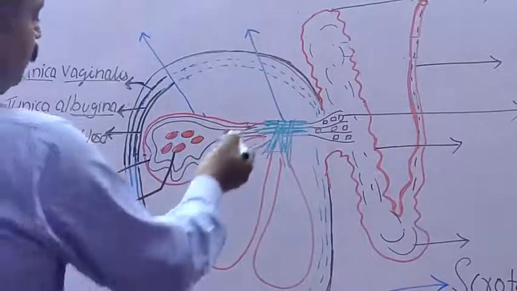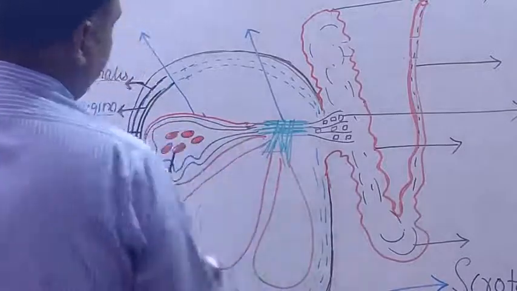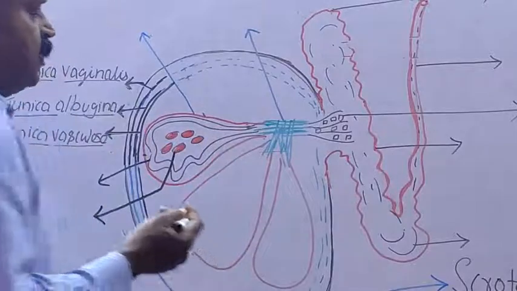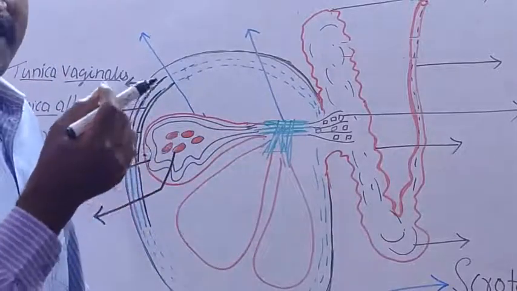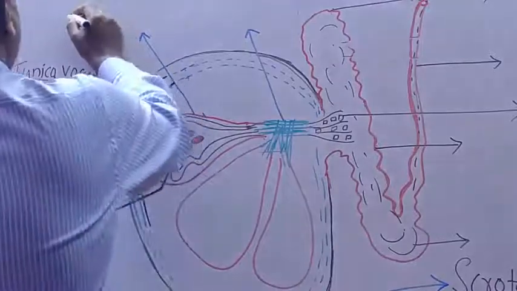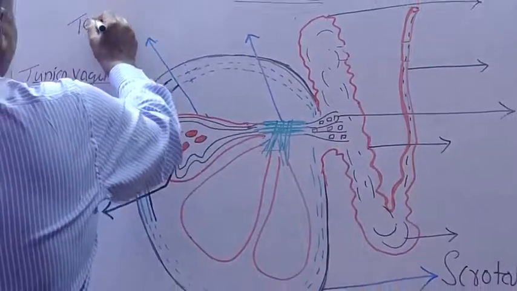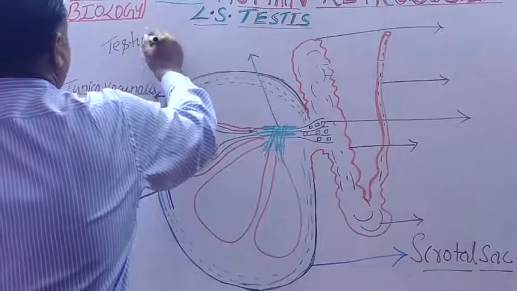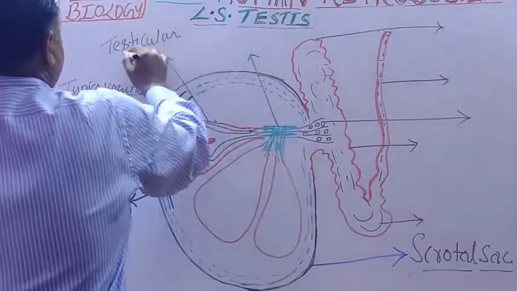When we study the internal structure in detail, these glandular cells, small grape-like cells, there are 20 to 25 glandular or grape-like cells. These are called testicular lobules.